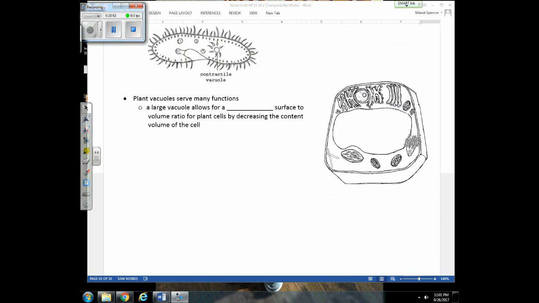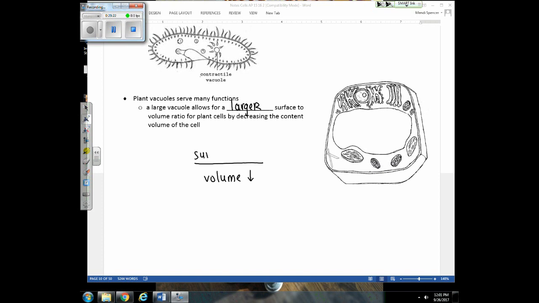Now you know that plants have a large central vacuole, and you know it's for storing water and other materials, but also I want you to remember that because there is less volume of cytoplasm, this large vacuole allows the cells to have a larger surface to volume ratio. If you think about it, with that vacuole taking up a large area of the cytoplasm, the volume or the contents of the cell has been decreased.